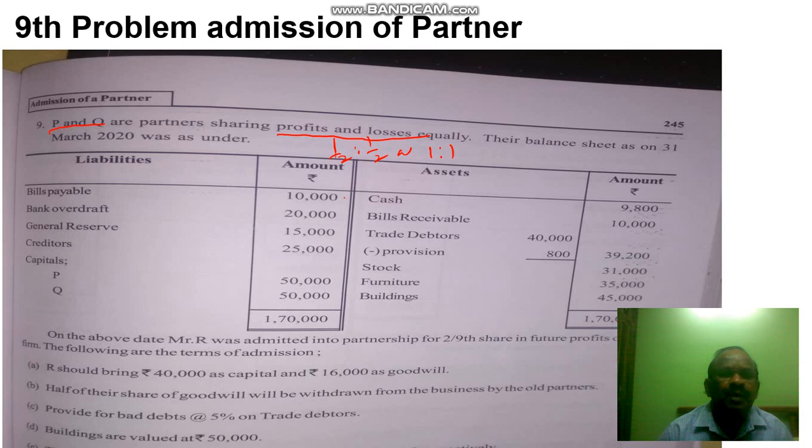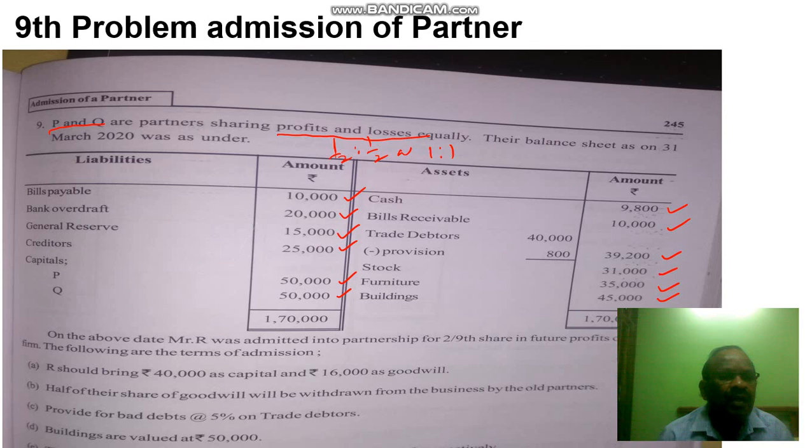Bills payable 10,000, bank overdraft 20,000, general reserve 15,000, creditors 2,50,000, capitals P 50,000, Q 50,000. And assets: cash 9,800, bills receivable 10,000, trade debtors 39,200, stock 31,000, furniture 35,000, buildings 45,000. Total of the two sides is 1,70,000.